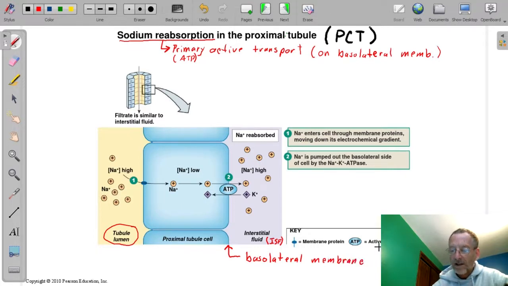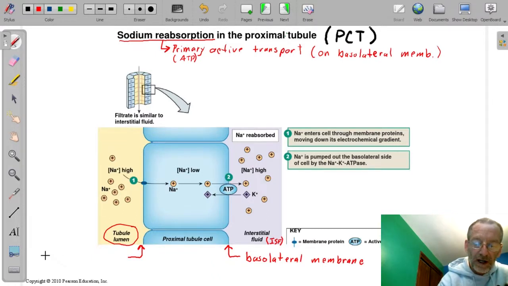These are the cells that are sitting on the basement membrane of the epithelium that's lining the tubule lumen. This membrane is on the luminal side, or the apex of these epithelial cells. So this is the apical membrane, apical for apex.